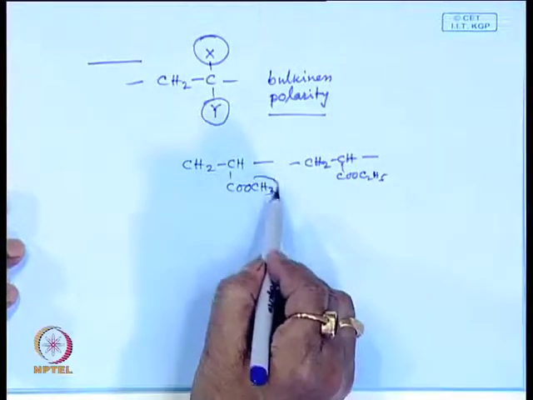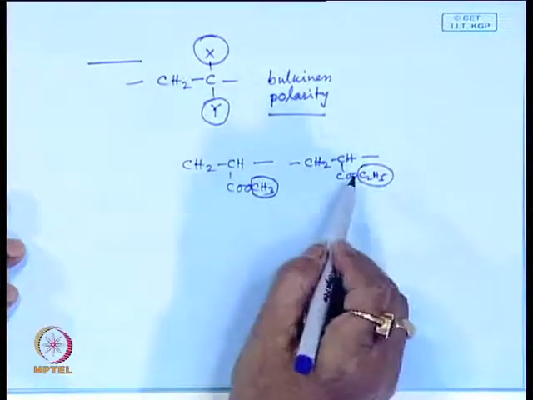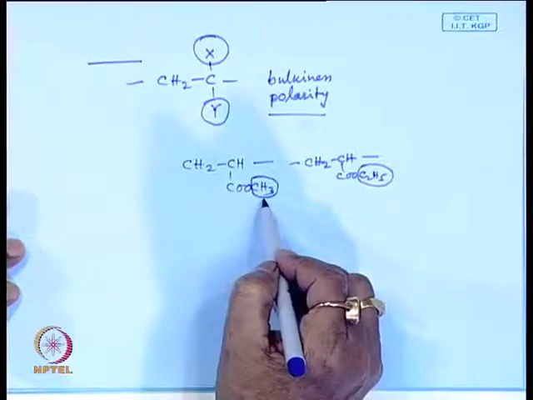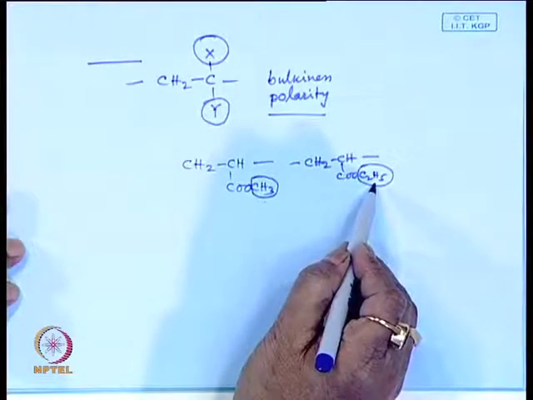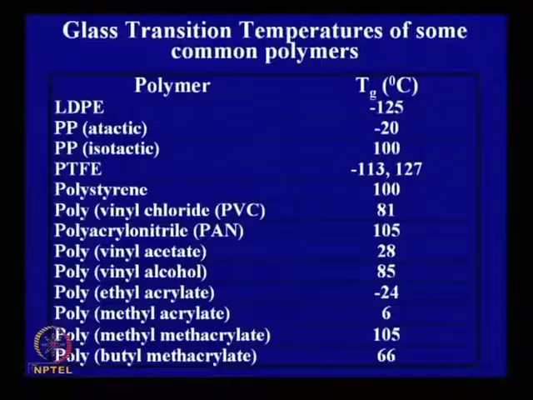You see, this is the methyl group here, this is the difference between these two polymers, methyl and ethyl, and for that the length of this alkyl group has drastically changed this Tg value from minus 24 to 6 degree.